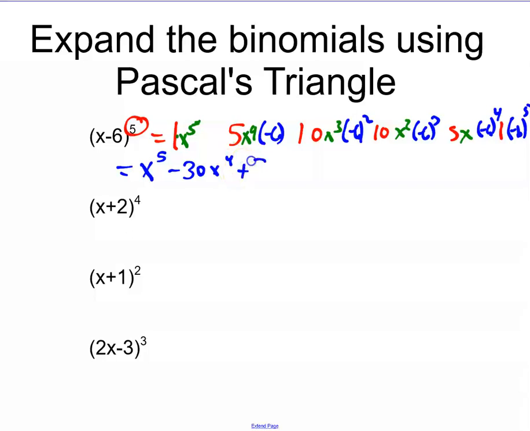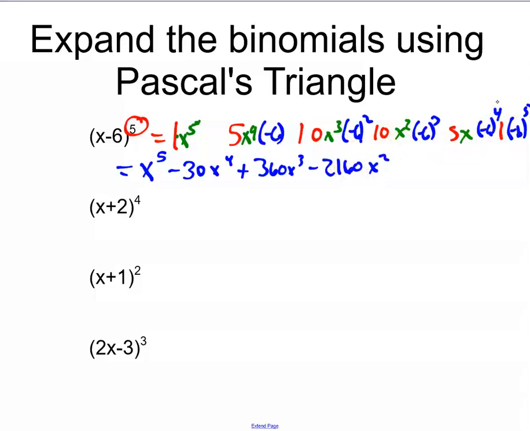So I have plus 360x to the 3rd. And then I've got 10 times x squared times negative 6 to the 3rd. Negative 6 to the 3rd is negative 216. Times that by 10, you get negative 2,160x squared.